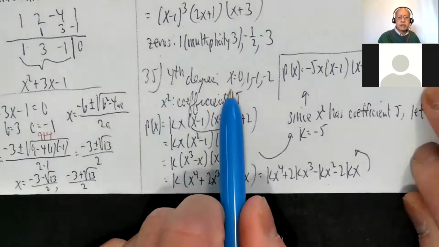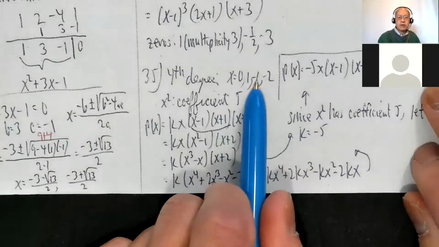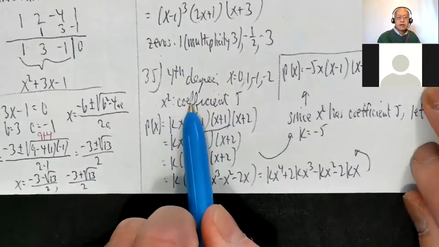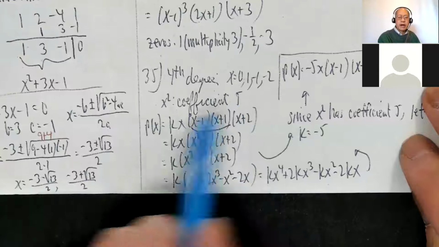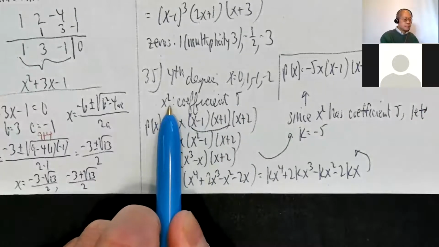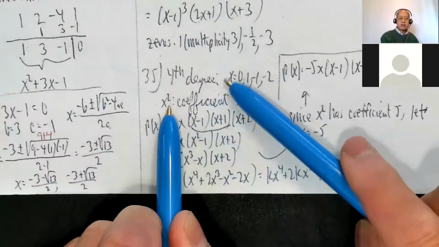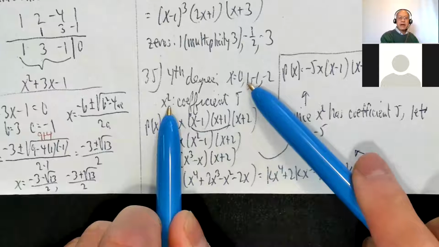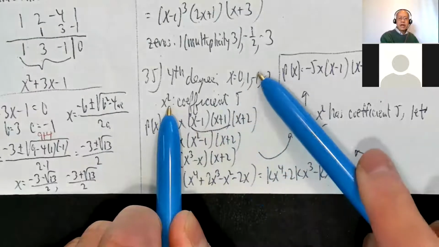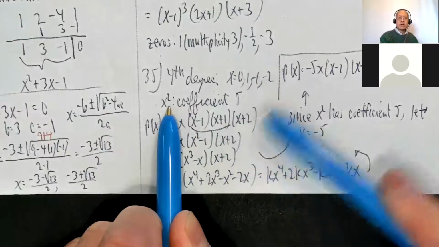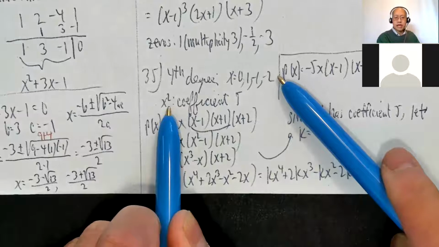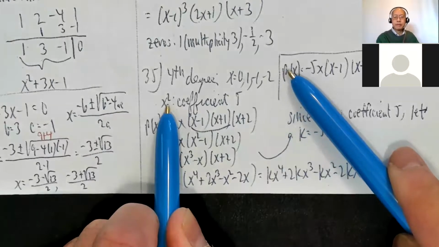They tell me what the 4 zeros are. 0, 1, negative 1, and negative 2. But the x squared term has a coefficient of 5. All right. So the polynomial is x from the 0, x minus 1 because of the 1, x plus 1 because of the negative 1, x plus 2 because of the negative 2. We're going backwards. We're building a polynomial.